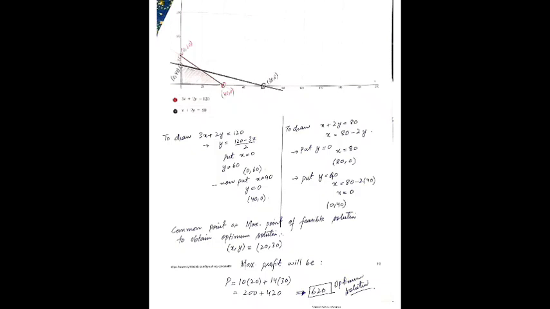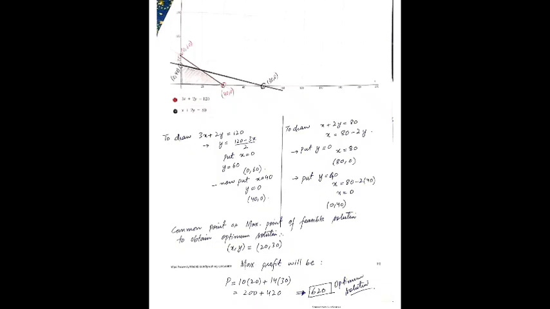Now we will set these values, and again we will choose any value we can. First we will choose x is equal to 0, the minimum value. If we choose x is equal to 0, we have y equal to 120 over 2, that is basically 60. So we have x 0 and y 60. So we can plot here. You can see 60 on the y-axis and 0 on the x-axis.